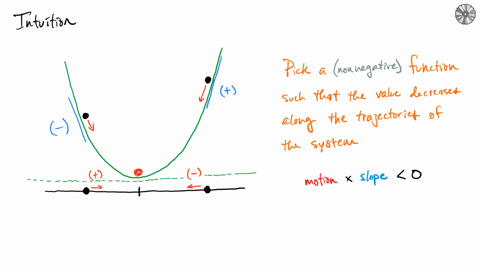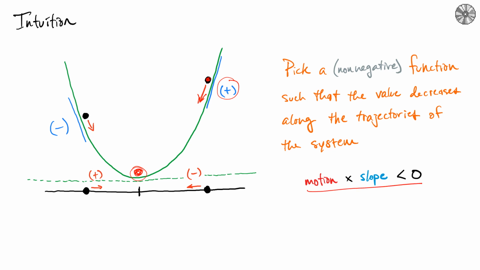position. And so it's very intuitive looking at this. And what Lyapunov theory does is it puts this in a mathematical framework. One of the ways to see this is the fact that the motion of this ball is always down towards this equilibrium, in the sense that if you look at the direction of motion and the sign of the slope of this green function, it's always going to be negative.